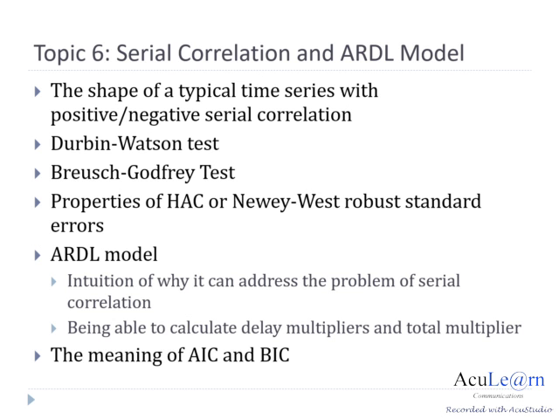Secondly, something special about HAC or Newey-West is that it not only deals with serial correlation, but also removes heteroscedasticity at the same time. It's not like White, which only deals with heteroscedasticity, while Newey-West deals with both serial correlation and heteroscedasticity.